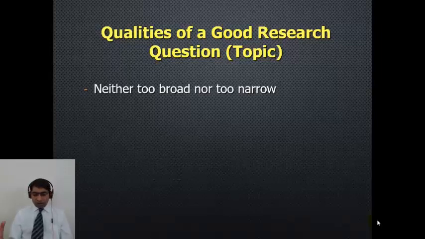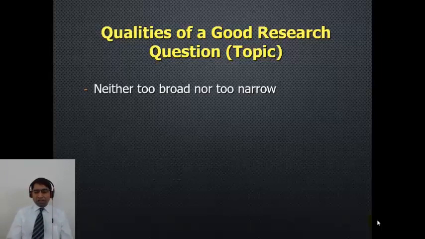So the topic seems to be too broad. If you try to conduct this topic in your research, you cannot grab it in totality. You'll be moving in so many different directions and may not be able to have a very specific and focused research.